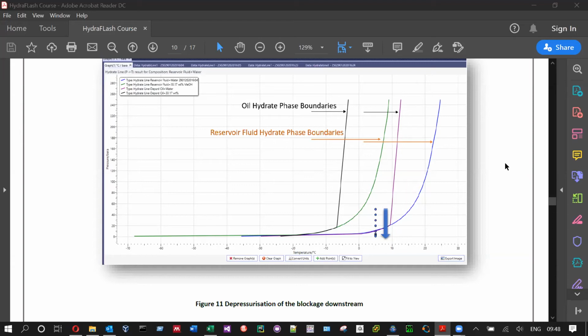And our research shows that if you use a mixture of MEG and methanol, and adjust the density to near water density, it will be the most efficient procedure for melting hydrate in a vertical line. It could be the wellbore, it could be a riser. So if you like, we can send you that paper.